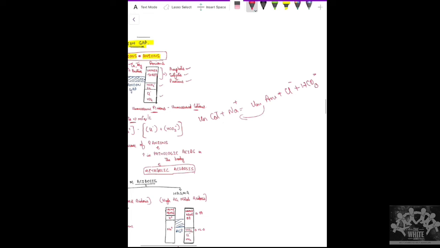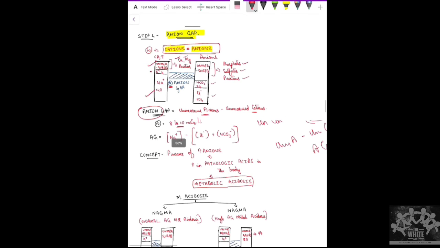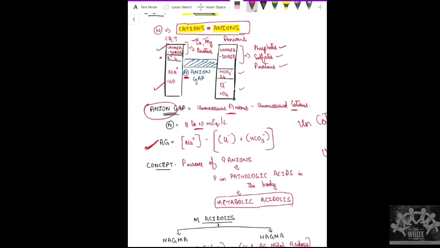If we move this over here, unmeasured anions minus unmeasured cations will be equal to Na plus minus Cl minus plus HCO3 minus. So anion gap will be equal to this. That is how we arrive at this formula. So anion gap is Na plus minus Cl minus plus HCO3 minus. This is the formula using which we calculate anion gap.